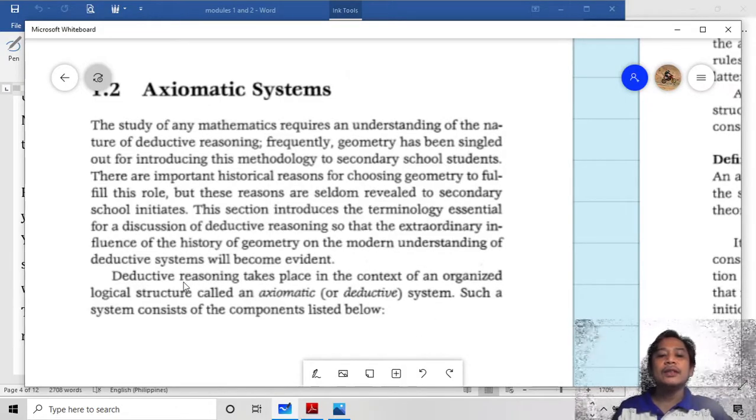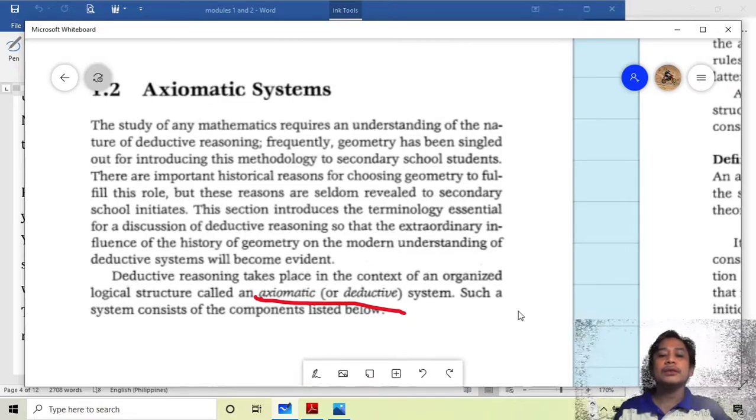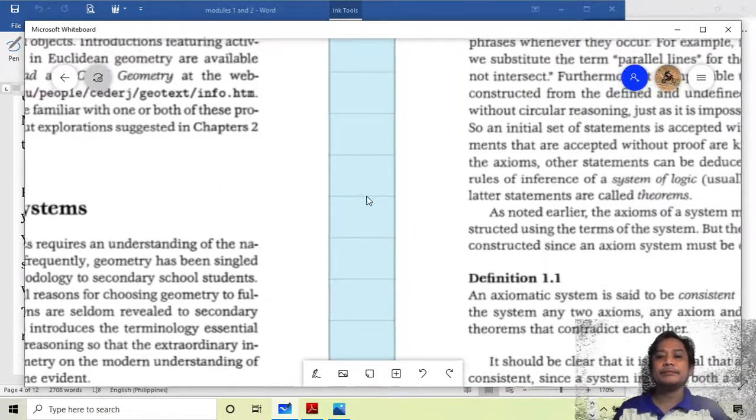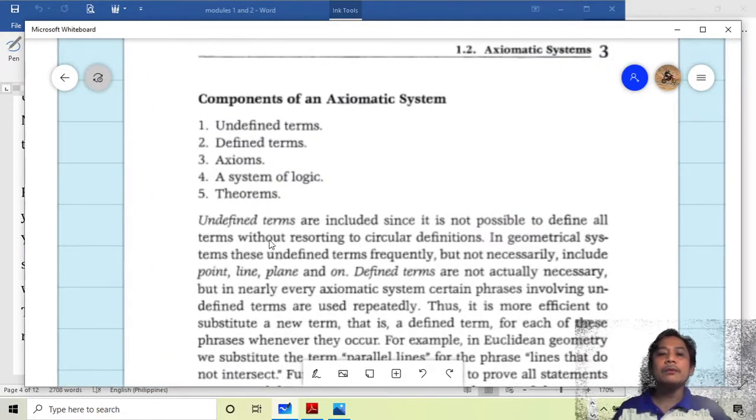Okay, so deductive reasoning takes place in the context of an organized logical structure, which we call the axiomatic or the deductive system. Okay, so such system has components. So what are these components? There are 5 components of an axiomatic system.